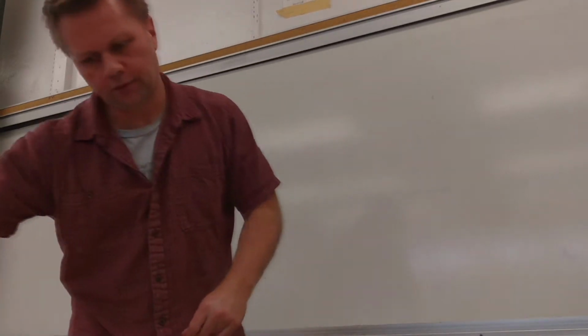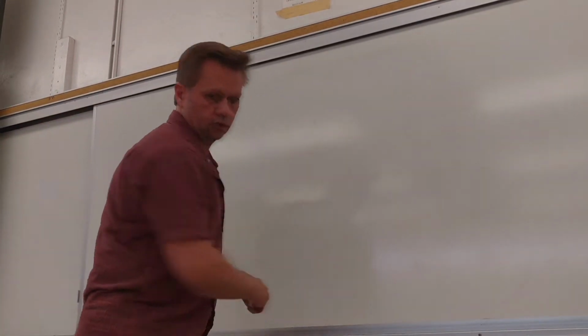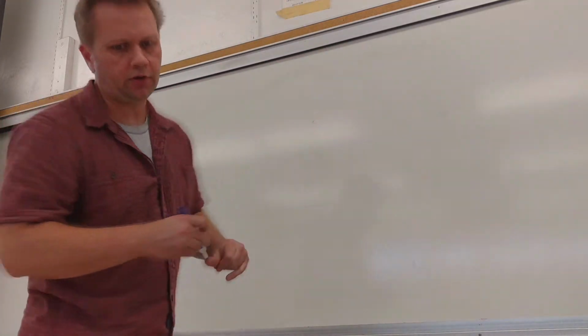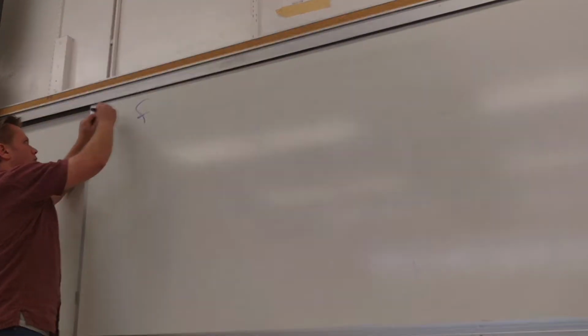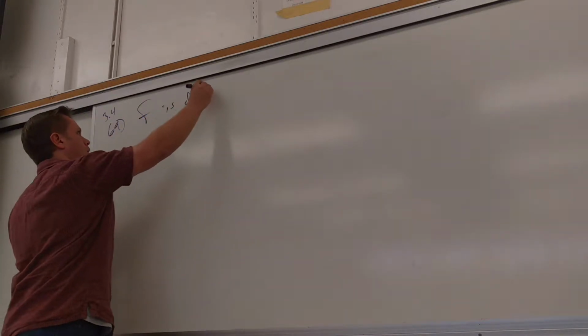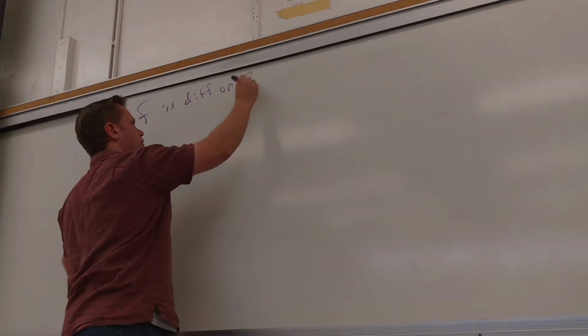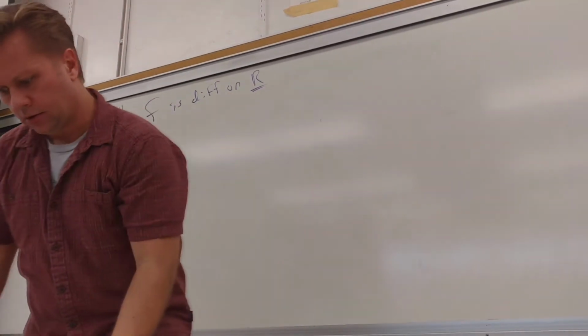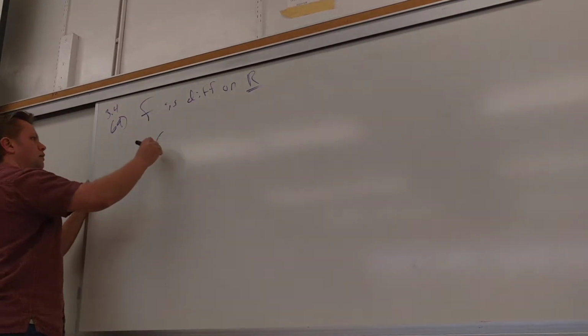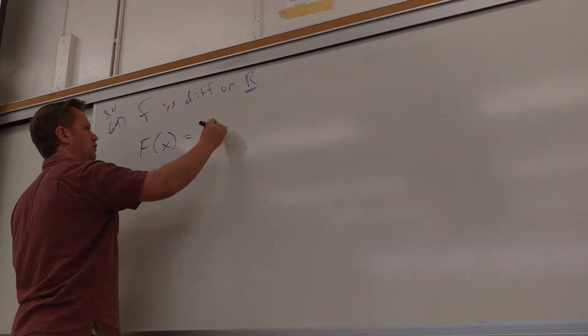So they set up for us, and 3.469, it says little f is differentiable in R. On all the real numbers, that's what that means. Define big F to be f of e to the x.